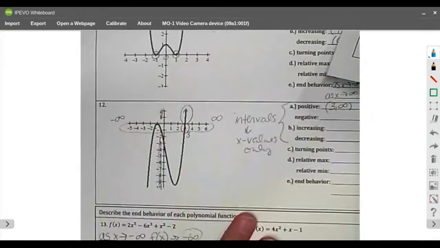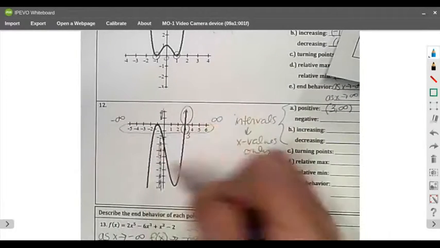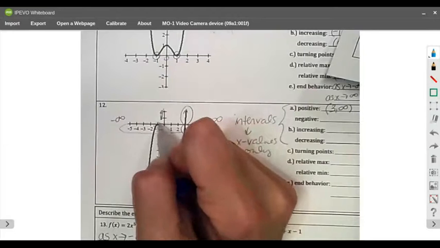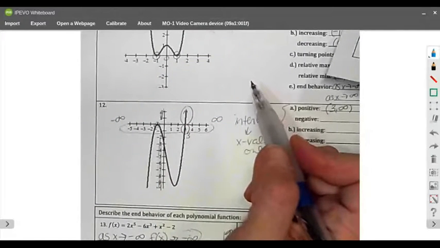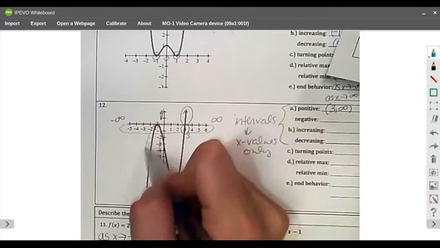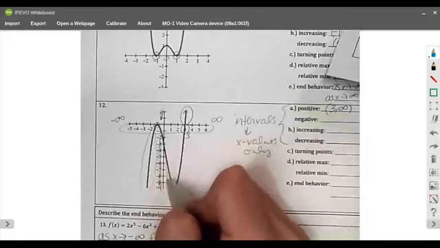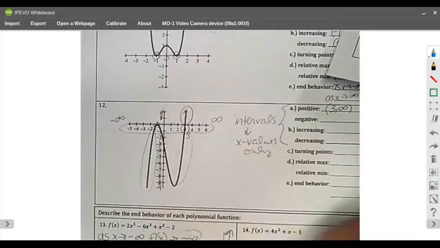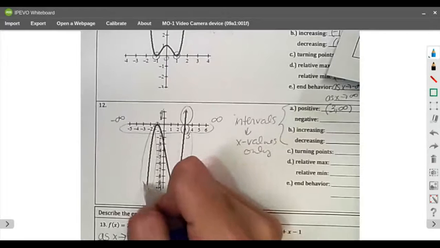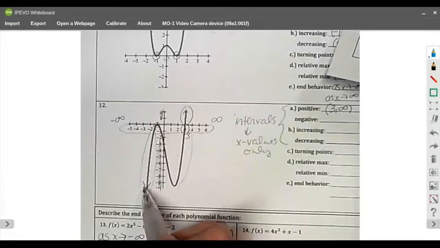Okay, negative. Where is it negative? It's negative basically everywhere else, with the exception of this point right here that's on the x-axis. So we're going to have two negative intervals. We're going to have this one and then this one. So this interval here, when does it start being negative? It's always negative all the way to negative infinity.